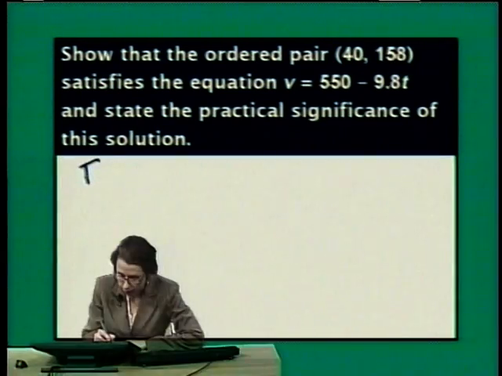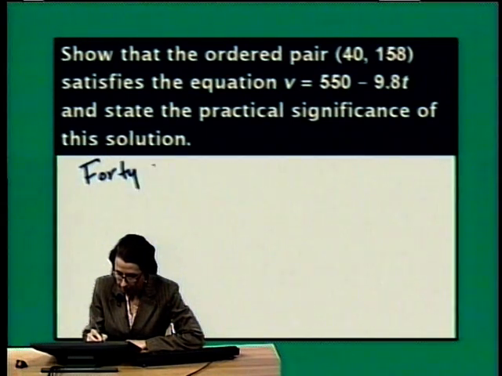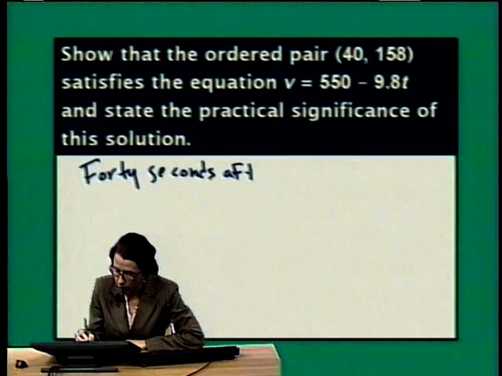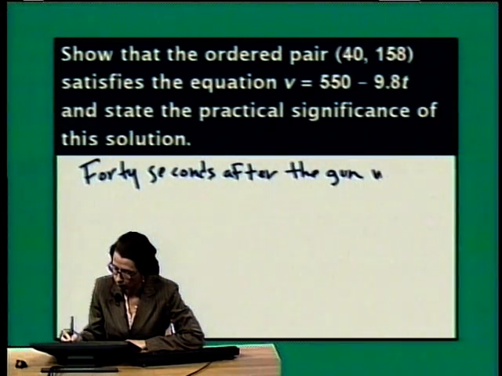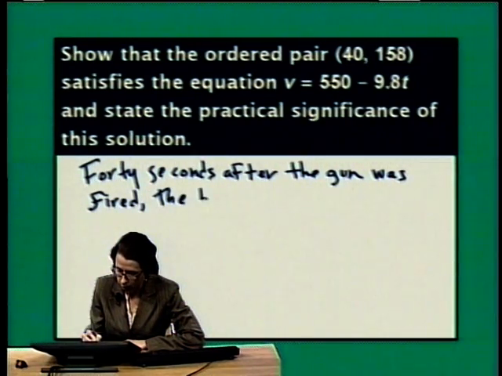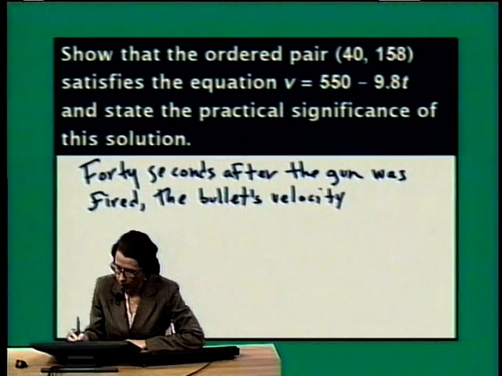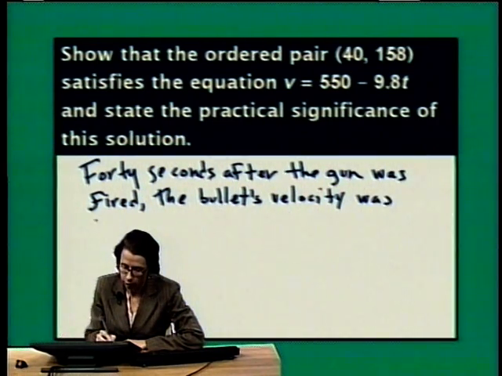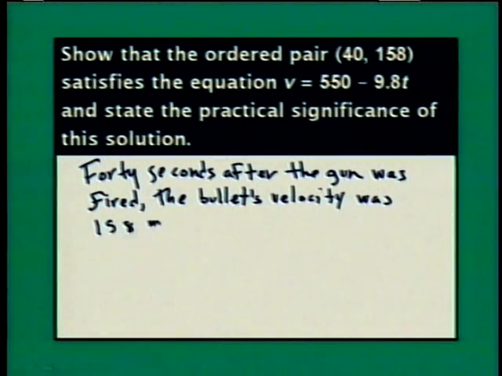So 40 seconds after the gun was fired, the bullet's velocity was 158 meters per second.